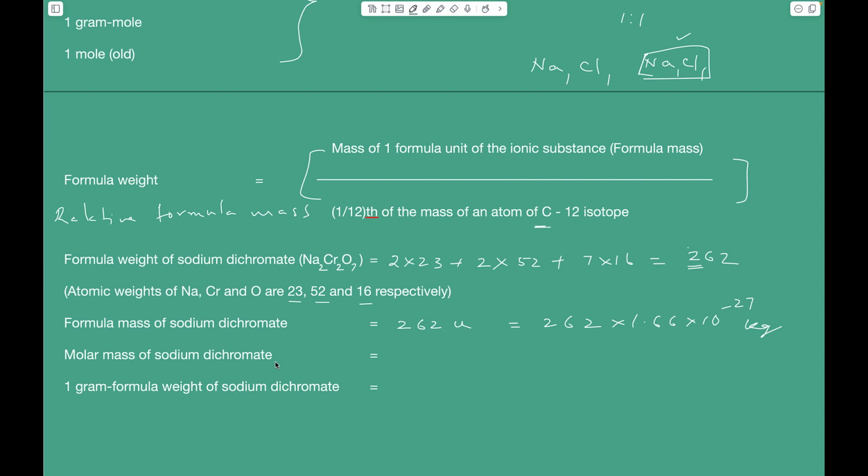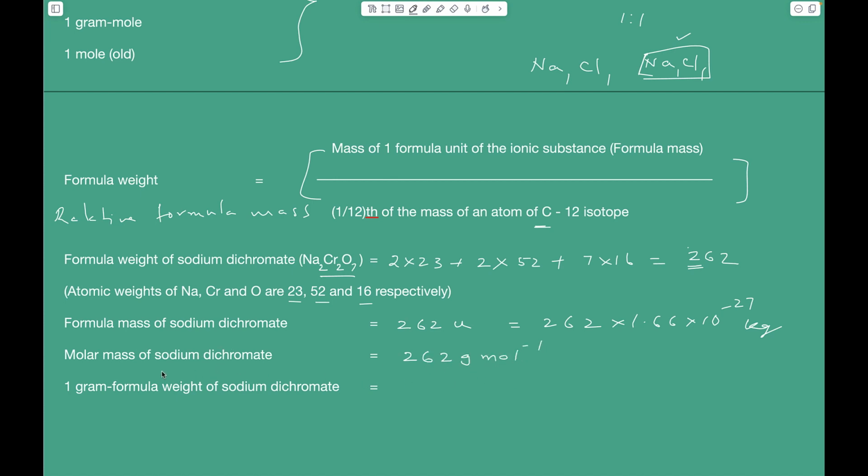Then what is the molar mass of sodium dichromate? That is mass per 1 mole of the substance, and 1 mole of any substance contains an Avogadro's number of particles. Here by particles we mean the formula unit, that is Na2Cr2O7. So it will be simply equal to its formula weight in grams per mole.